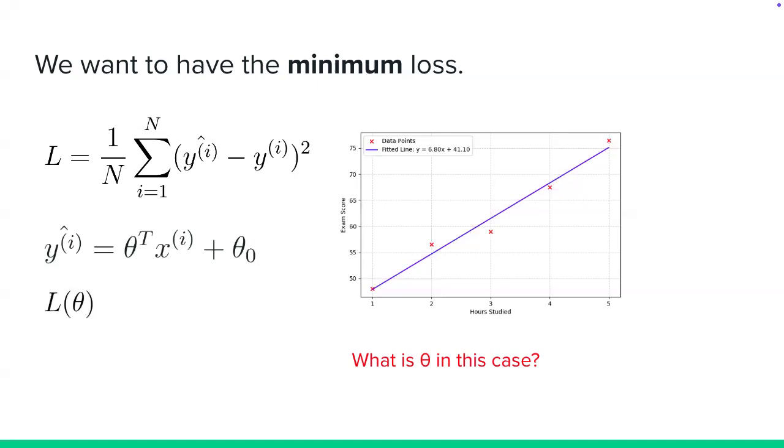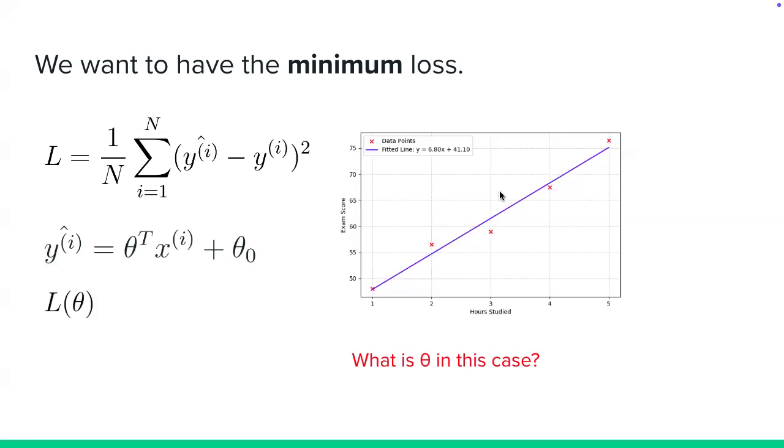Okay, so theta in this case is 6.80 and 41.1. It's our slope and our y-intercept. So I showed you magically in the first class that we came up with this line, but I didn't show you how we actually find this line.